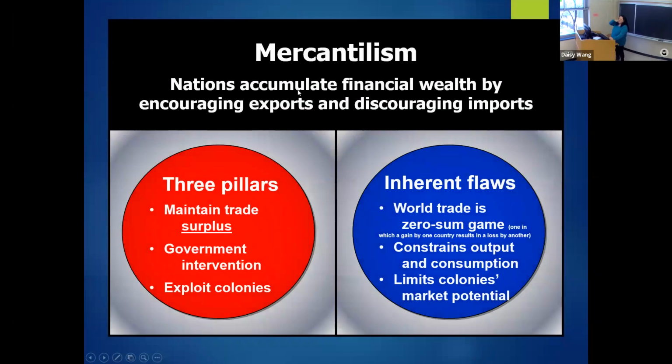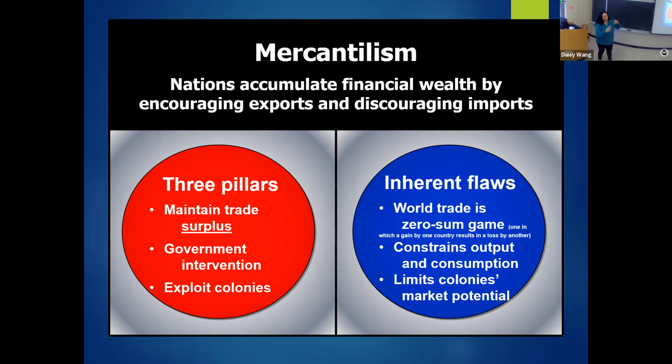So mercantilism. Remember, it was in 1600 to 1700, and at that time not all countries had paper bills. I don't think even the US did. So at that time, trade was based on gold. We will talk about currency in a later chapter, but at that time they used gold as the standard to decide that the money in the US is worth this much in the UK, this much in Germany.